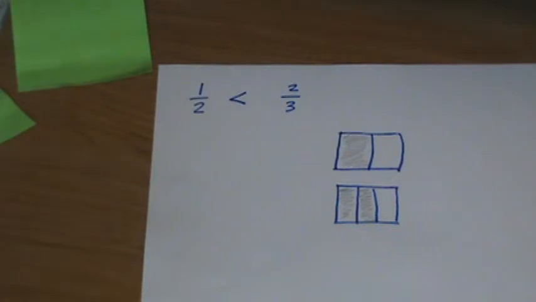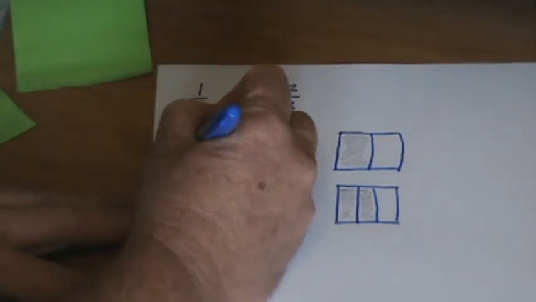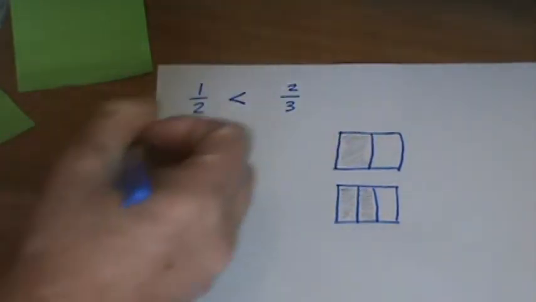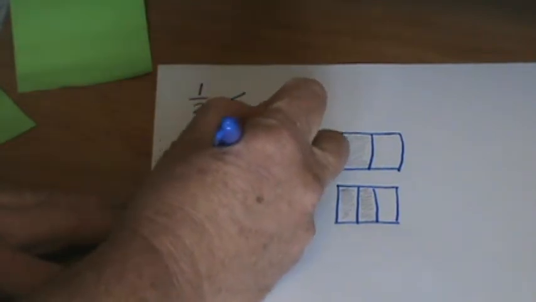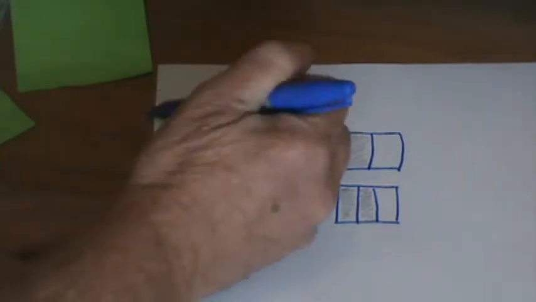We'll take 1/2 and change things around a little from how we've done them before. We're going to extend this line and multiply by 3, 2 times 3.